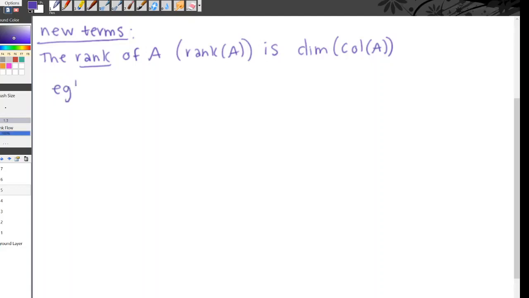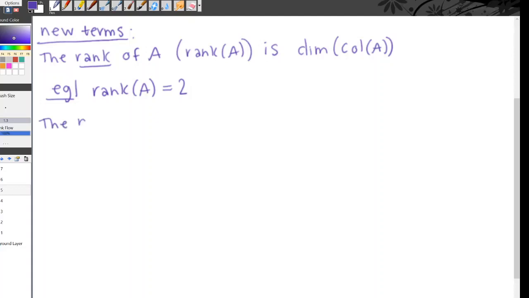To give an example, the matrix we were working with previously, we found that the column space had 2 vectors as its basis, and so the dimension was 2, and so you'd say the rank of that matrix is 2.